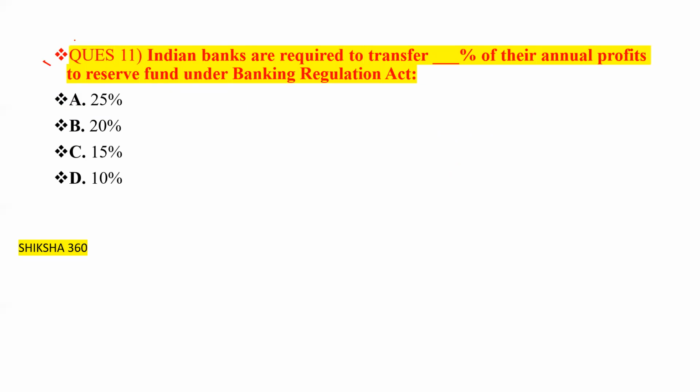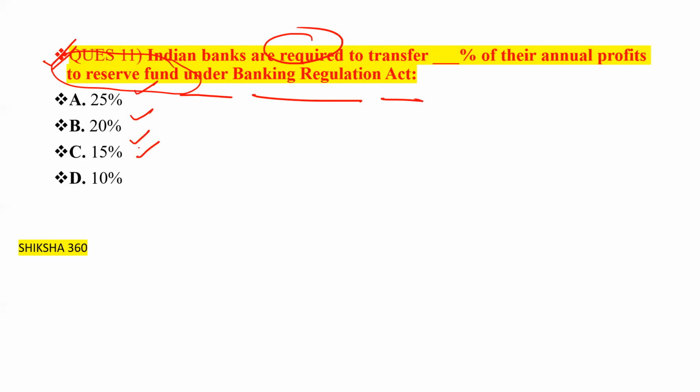Next, question number 11. Indian banks are required to transfer dash percentage of their annual profits to the reserve fund under the Banking Regulation Act. How much percentage of their profits do they have to transfer to the reserve fund? Options: 25%, 20%, 15%, 10%.